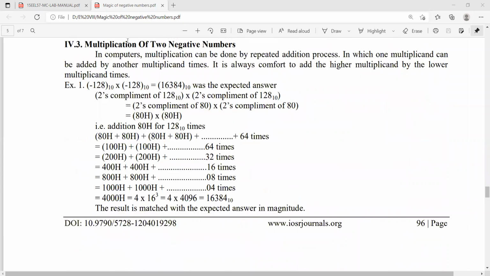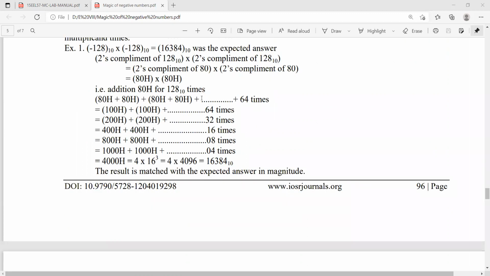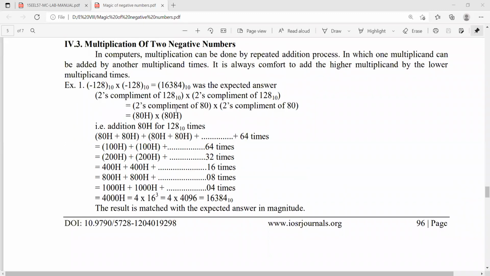The multiplication is also performed in this way. For example, minus 128 times minus 128. Minus 128 is 80. So 80 into 80, which we can perform as 80 plus 80 plus 80 added how many number of times? 80 into 80, so 128 times.